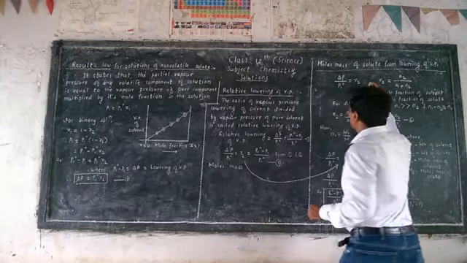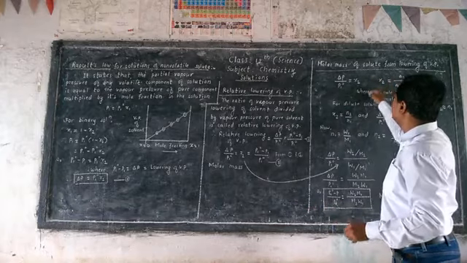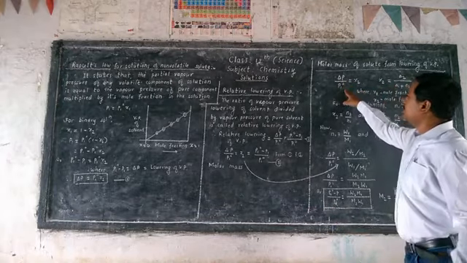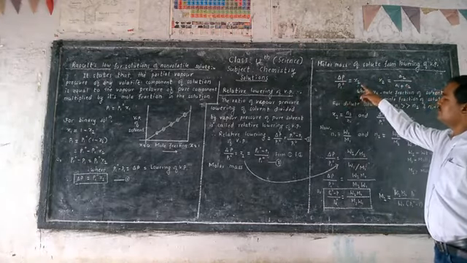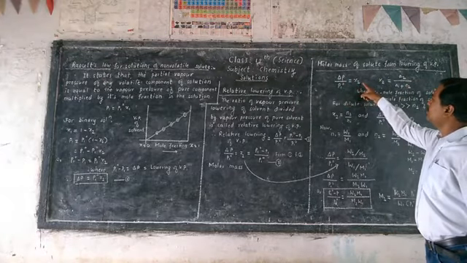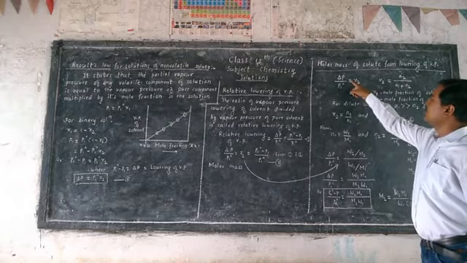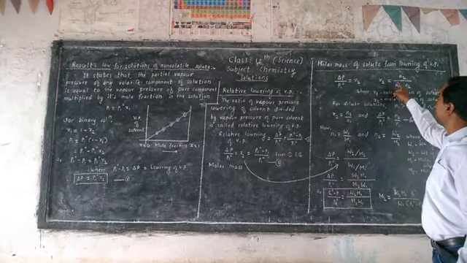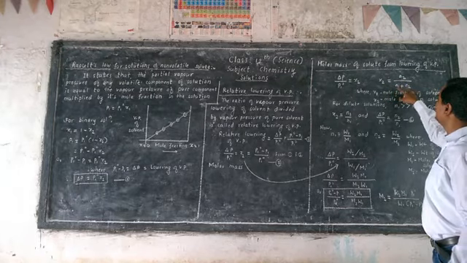Then, to find the molar mass of the non-volatile solute, we know that relative lowering of vapor pressure is equal to the mole fraction of solute. So delta P upon P1° equals X2, where X2 is equal to N2 upon (N1 plus N2).